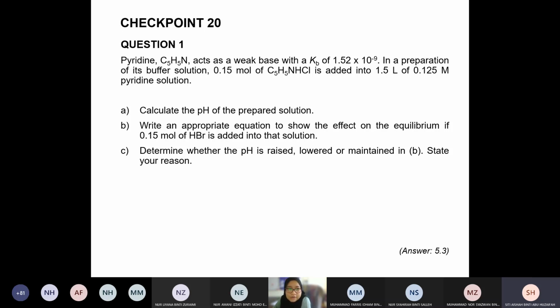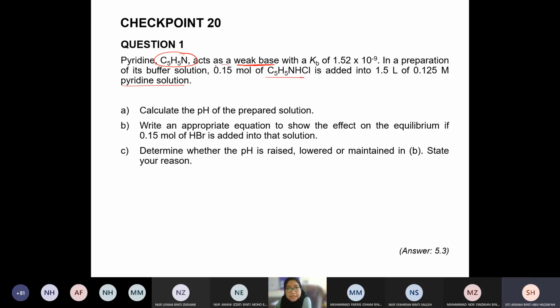Pyridine acts as a weak base with a Kb given. In a preparation of its buffer solution, 0.15 mole of the conjugate acid, the salt, is added into 1.5 liter of 0.125 molar pyridine solution.